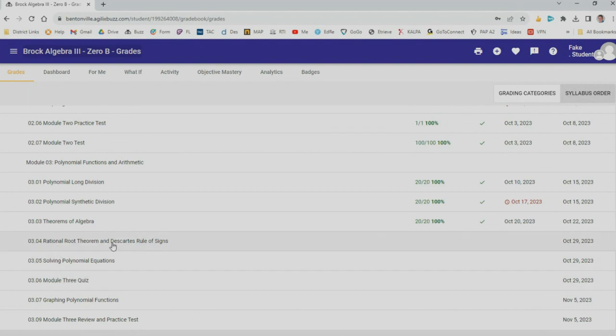The rational root theorem and Descartes' rule of signs, and then solving polynomial equations, which is basically using all of these theorems. So it's not really anything new in this second lesson, just putting all this together. And then the quiz covers the first 5 lessons. The new material is the rational root theorem and Descartes' rule of signs.